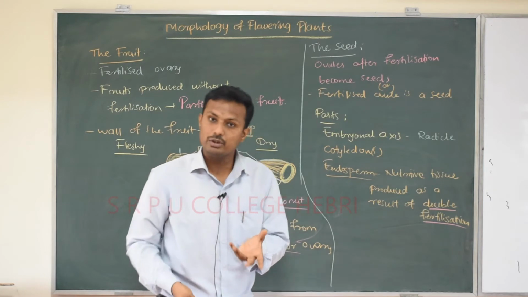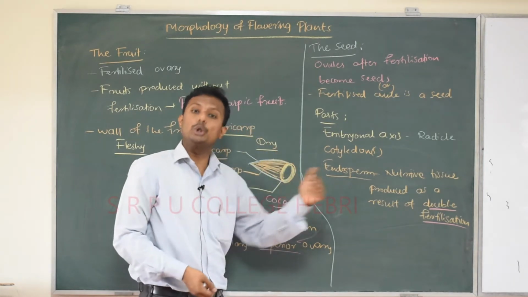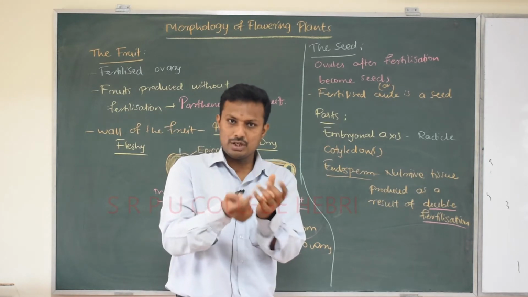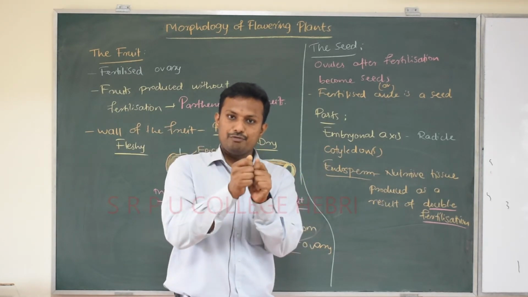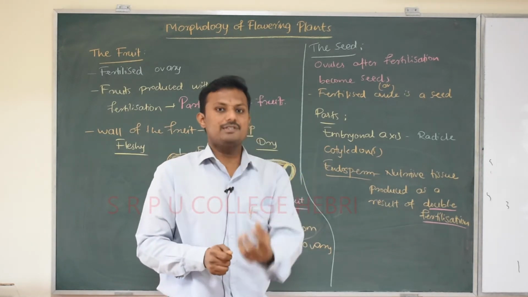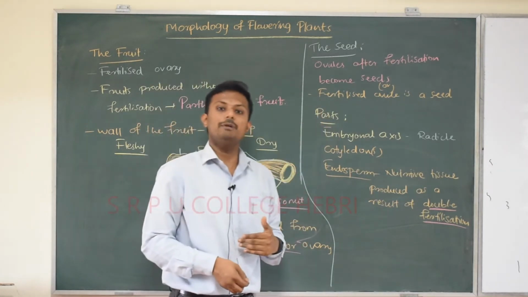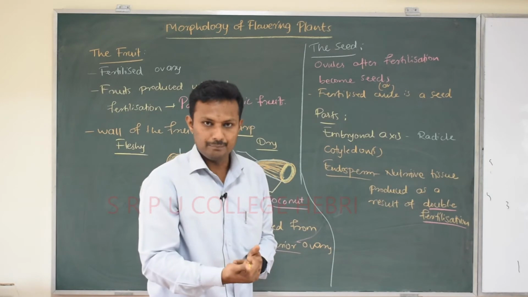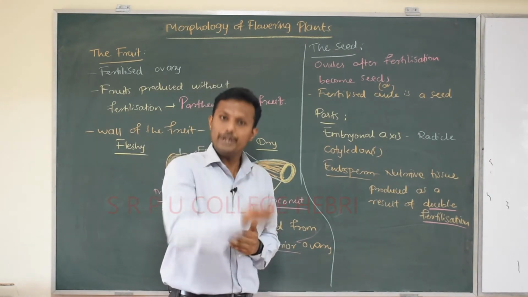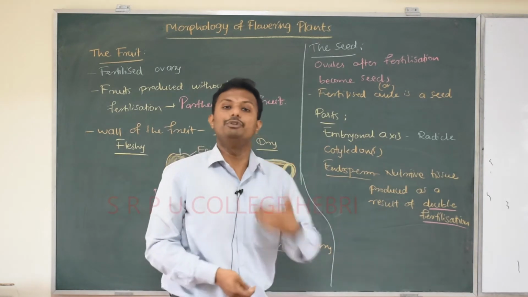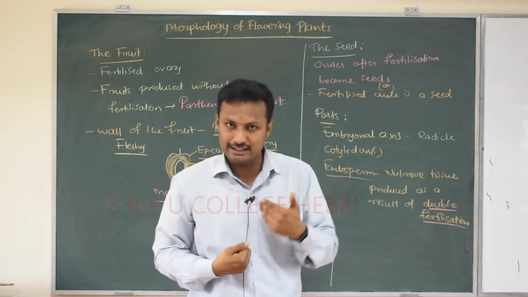Nutritive tissue means what? See, while the embryo grows, embryo means what? Zygote is formed after the fertilization. The male and female gametes fuse to form the zygote. This zygote will become the embryo, and the embryo will later become an entire plant body. In order to grow into an entire plant body, the embryo will require a lot of nutrition, a lot of food material.